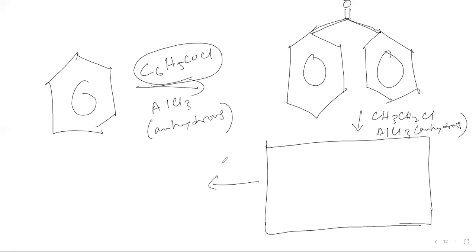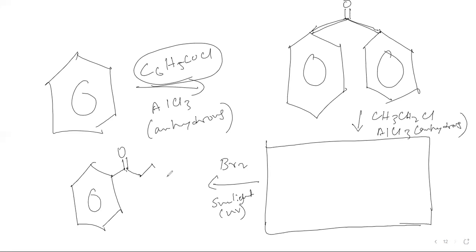And from there, let's say we added Br2 with sunlight. Sunlight, you can also say UV. They sometimes mention sunlight, sometimes UV. So you need to understand what sort of reaction they are trying to indicate. This is the substance so far.